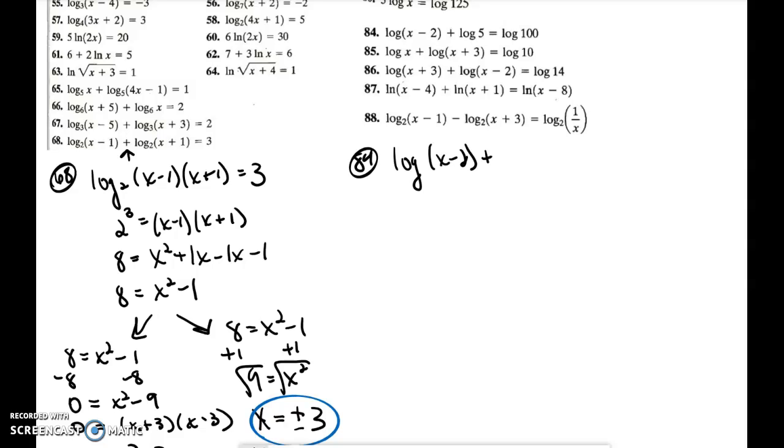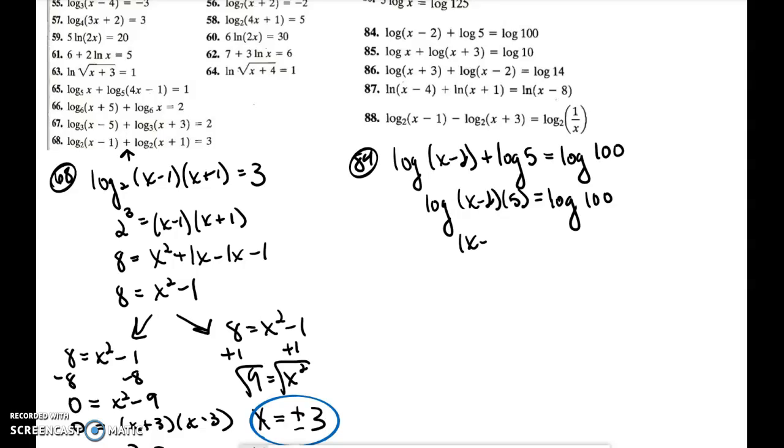So it's understood to be a base 10 of x minus 2 plus log of 5 equals the log of 100. So again, since they're added, I'm going to write this as one logarithm multiplying the 2 things. So x minus 2 gets multiplied by 5. That 5 is going to have to be distributed. And that's equal to the log of 100.